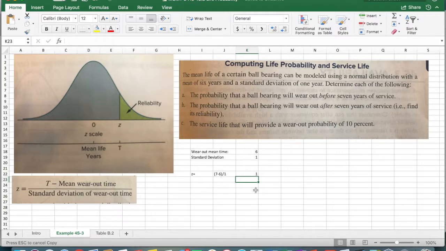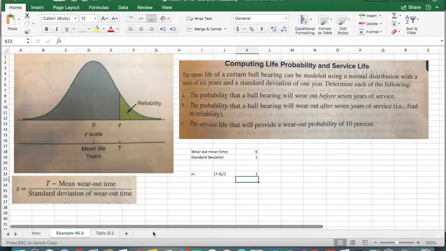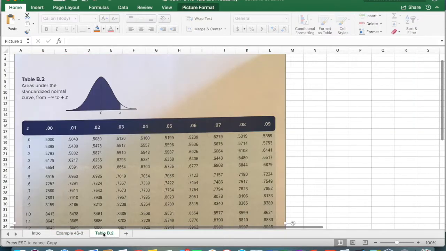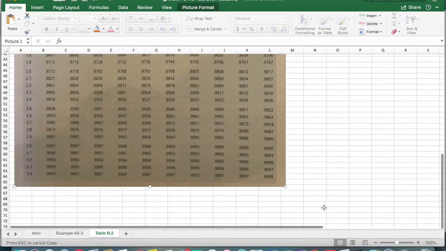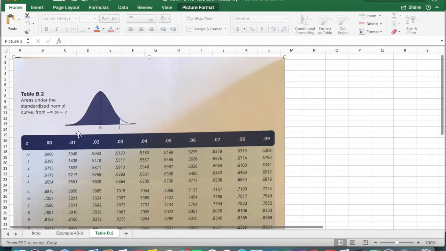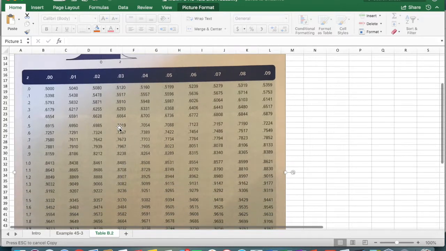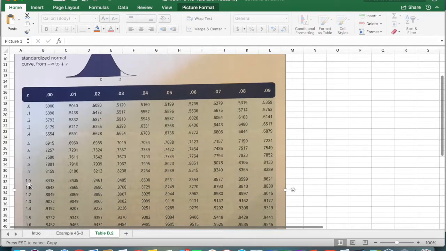To figure that out, you need to look at table B2 in the back of your book. So table B2 looks like this. It gives you the area under a standard normal distribution curve up until a Z point. So we're looking for Z of 1.